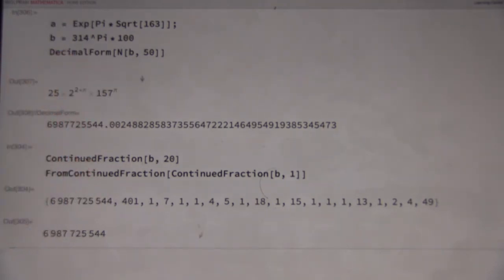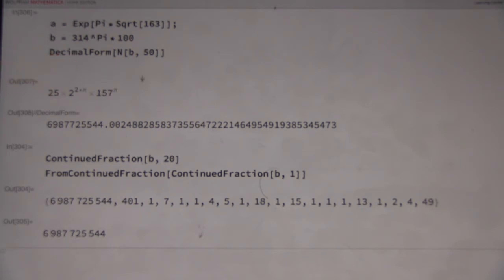Okay, so how does 314 factor, do you think? Let's see. It has a 157 in it. It's 157 times 2.